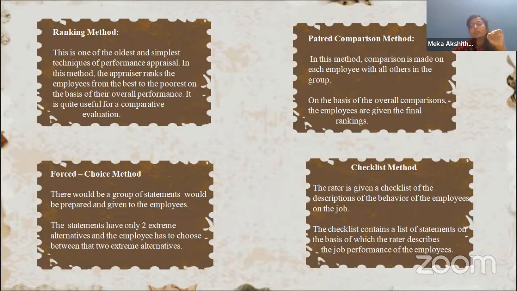You would only be comparing with the other individual. You are not seeing the performance of that particular individual, but only comparing one employee's performance with the other employee's performance. And after comparing all the employees, you would rank them as the best and poor, as who is the first and who would be the last.